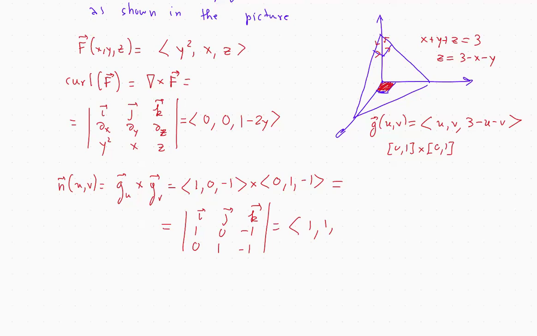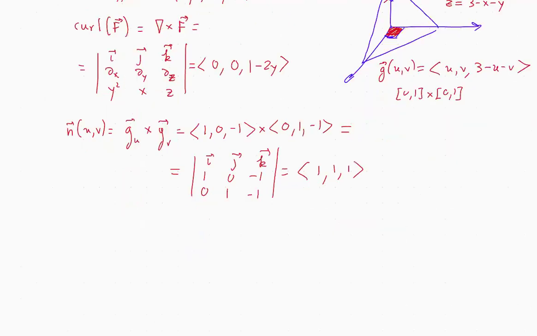At this point, it might be a good idea to recall what we're looking for here. So basically, we want to take the double integral over the domain of the parameterization of the curl of the vector field f, composed with the parameterization, and dotted with a normal vector.